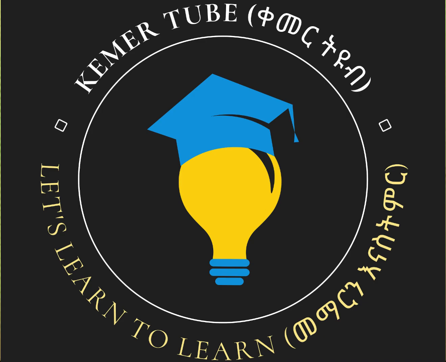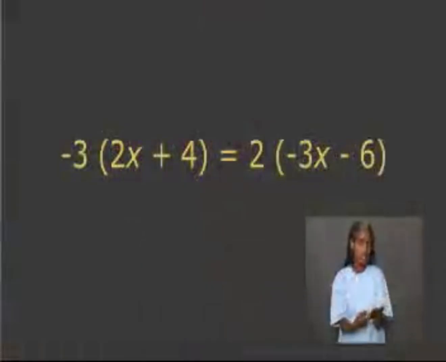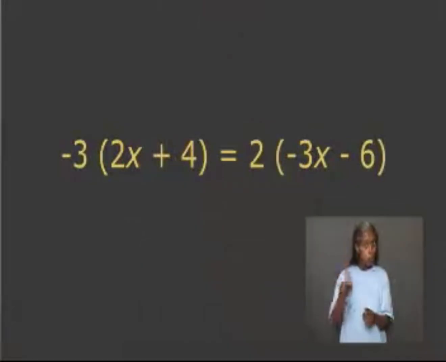Students, let us consider a linear equation where the variable is on both sides of the equation. I am sure that you remember how to solve these. Suppose we have the equation -3 times (2x plus 4) equals 2 times (-3x minus 6).